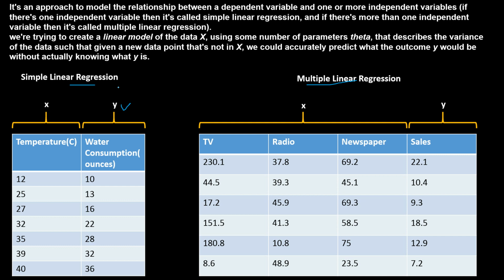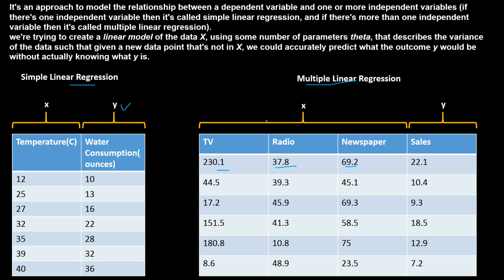Simple linear regression means we'll have a single input, like in this case temperature, and based on temperature we are predicting the consumption of water in ounces. Multiple linear regression is where we'll have more than one input, and based on these multiple inputs we have to predict the output. So the inputs are the independent variables and the output is the dependent variable.